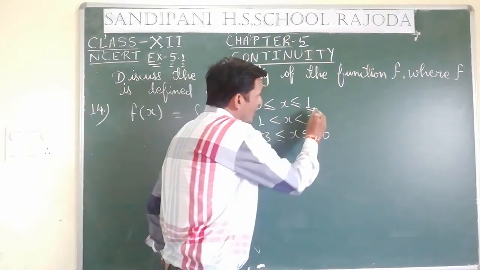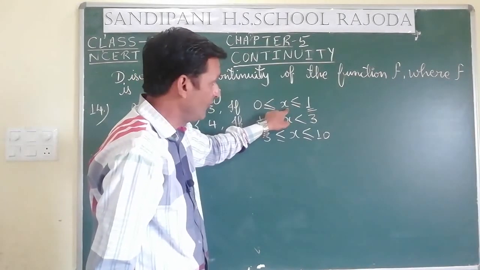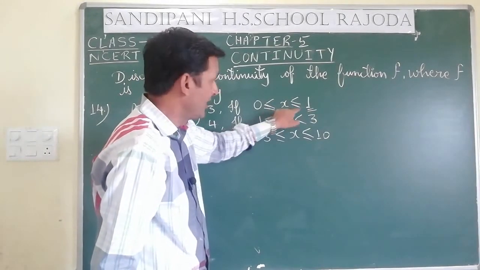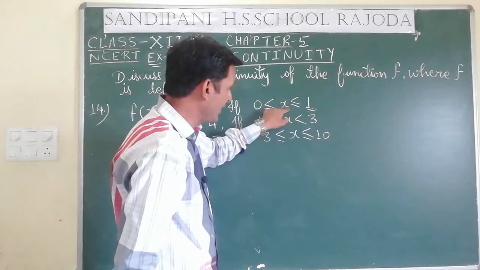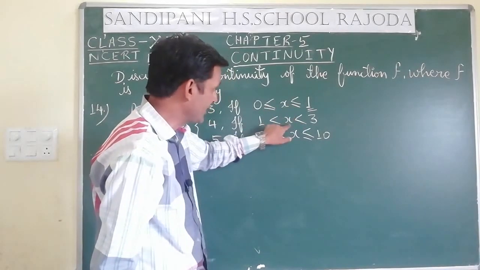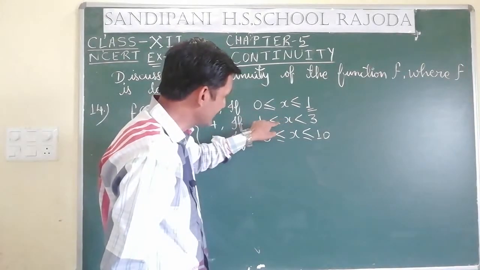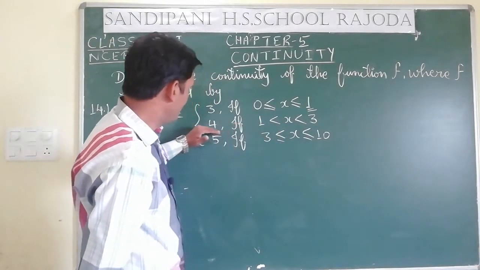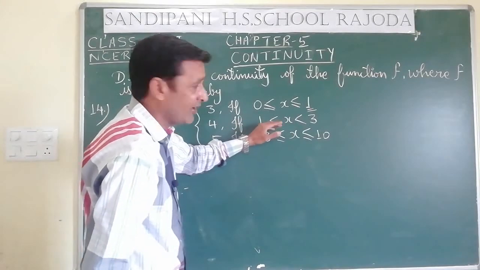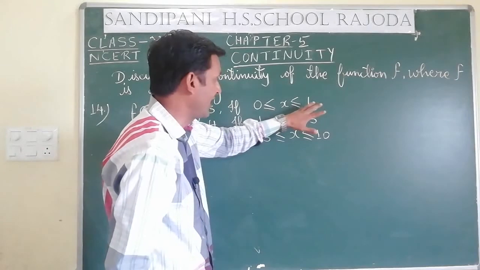Why is it so? Because for less than 1, meaning LHL, we can solve, and for equal to 1 that also we can solve, and for greater than 1, meaning 1 is less than x, so x is greater than 1, meaning for RHL we are able to solve it at point 1.